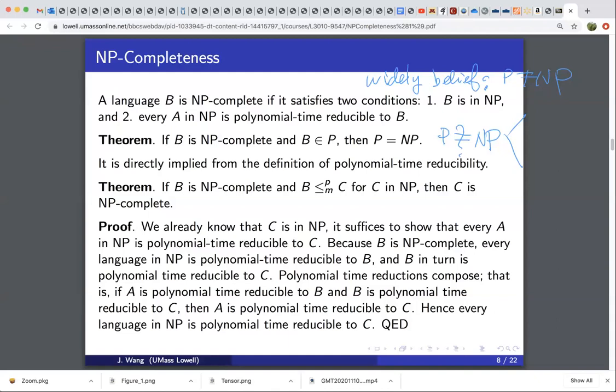Assuming P is not equal to NP, we have a good interpretation, which actually matches our intuition: finding a solution to a problem is much, much harder than simply verifying that it is a solution. In other words, finding is more difficult than verifying.